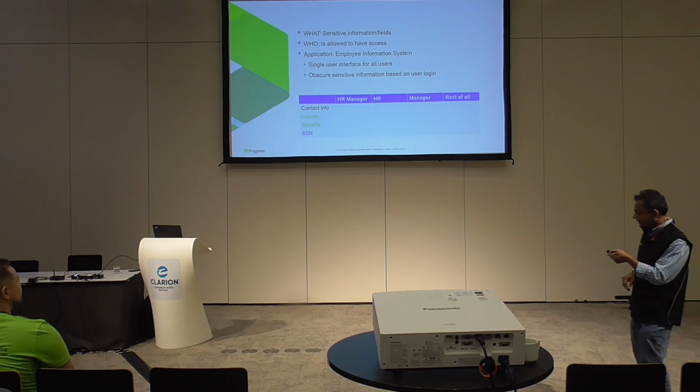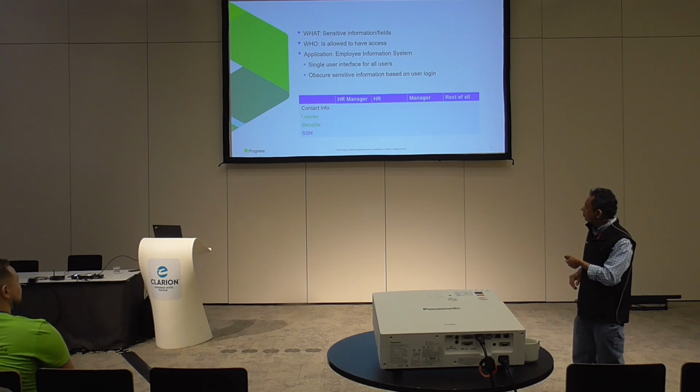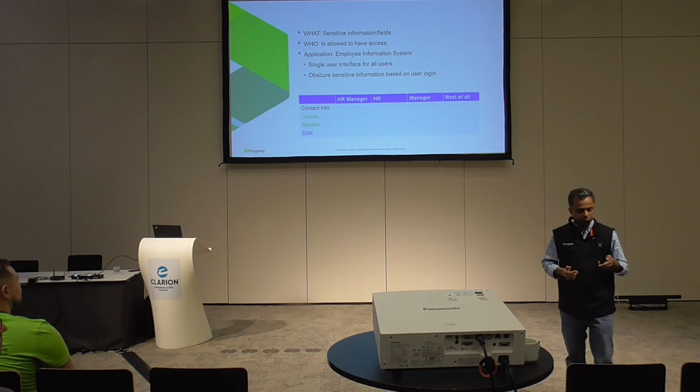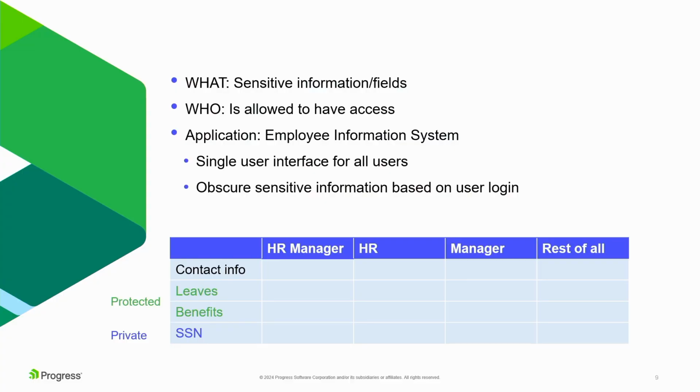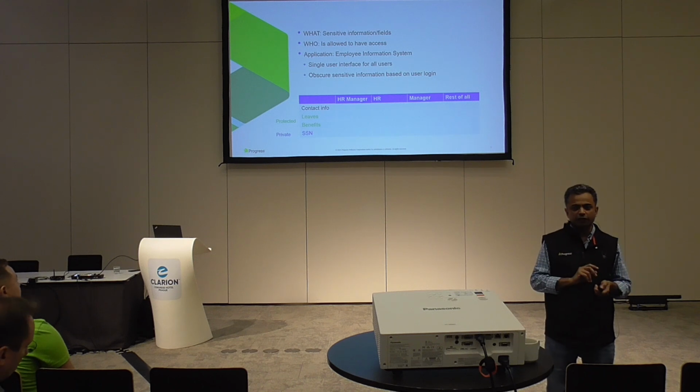So the first question is about the sensitive information in these fields. Contact information is public information. Anybody who logs into the system should be able to get the contact information. Second is the protected information, my leaves and benefits. Only a few users should be able to see the leaves and the benefits.